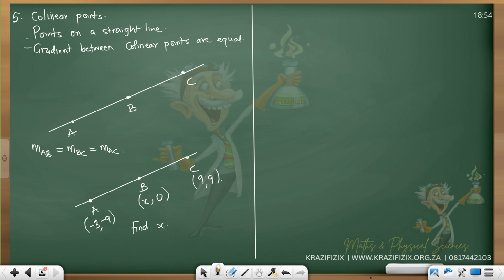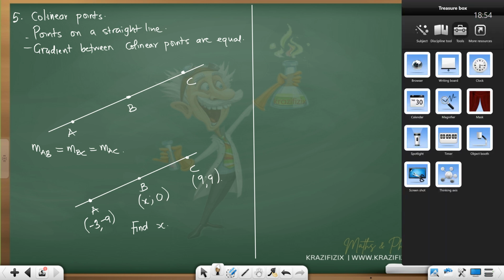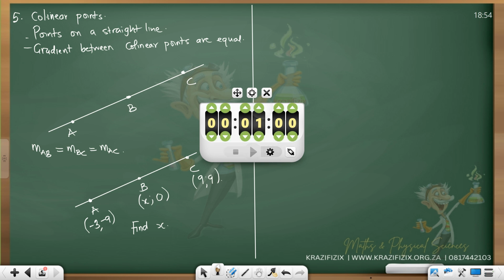Do you want to try? Those are collinear points. Don't worry, it's going to work. I've done my maths. Find the value of x using your knowledge of collinear points: the gradient between AB is the same as the gradient between BC and the gradient of AC. Let me see how you're going to interpret. Quickly, that should take us about 3 minutes. Then we will be done with gradient. Oh, we have one more point. I said there are 6.